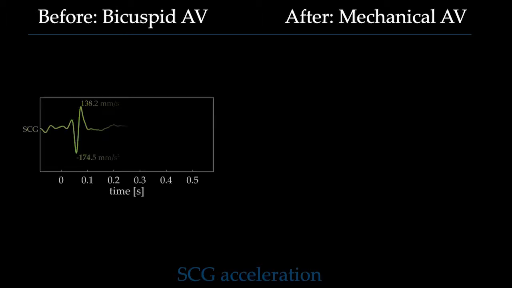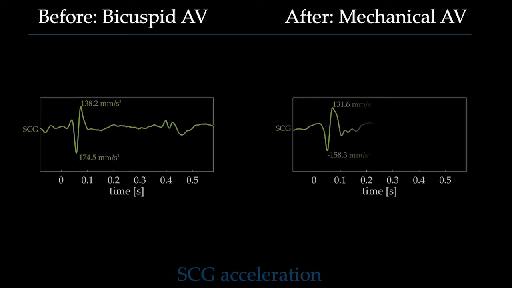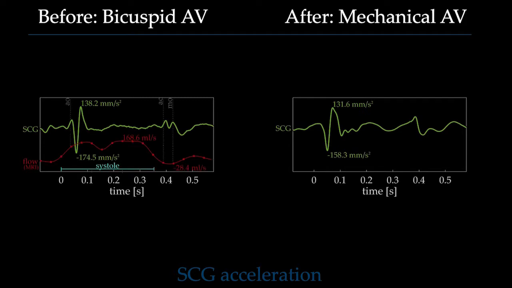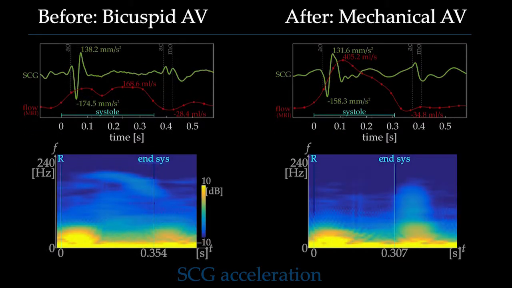And we have the SCG recordings from before and after, and I'll also overlay just the MR flow quantifications. And so you can see before, when there's sort of compromised flow, there's something that's a little hard to pick out, so we'll look at a spectral decomposition of it. So the horizontal axis is still cardiac time, starting with the R wave going through systole.